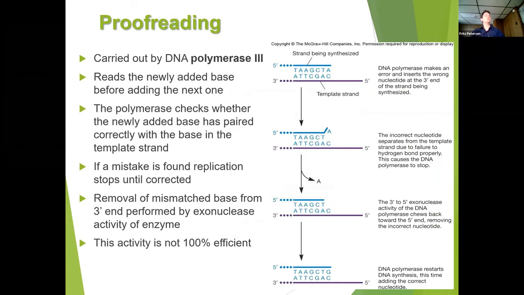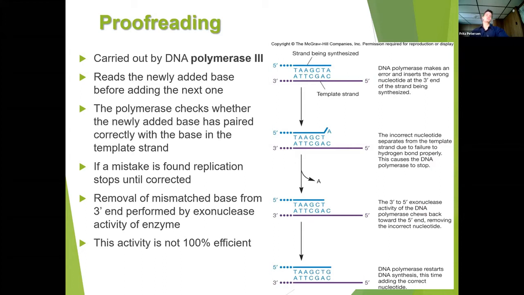Moving on to proofreading. Again, this is important because you need to ensure that the fidelity of these strands is maintained, so that once this DNA starts to code for proteins, the wrong protein isn't coded for, or the protein doesn't just become nonsense. So this is carried out by DNA polymerase 3.